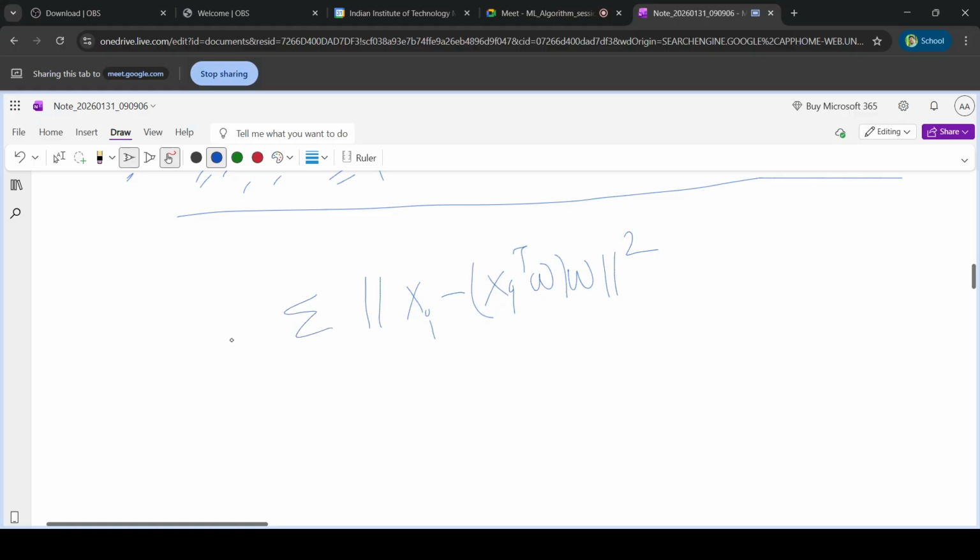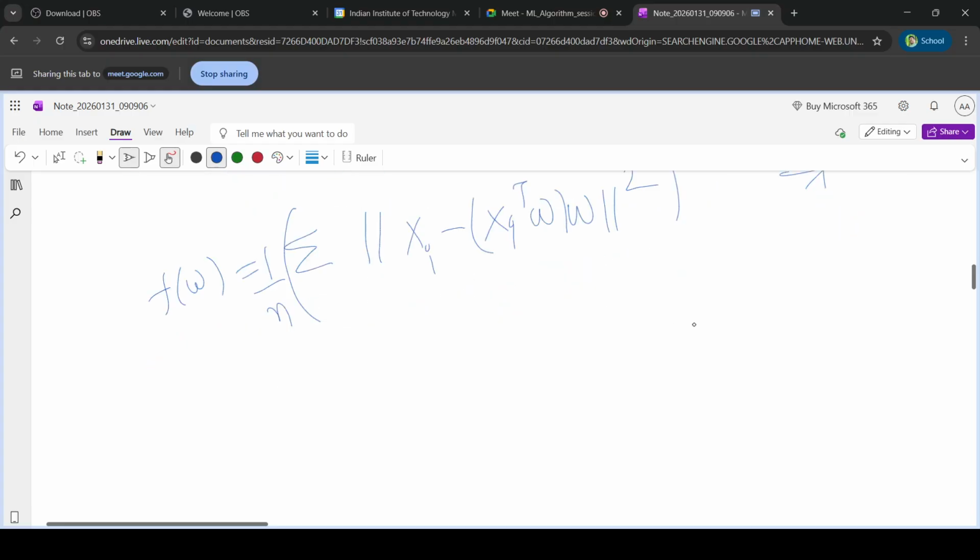This is nothing but some function f of w. As I mentioned, you are just getting the trend, so if you scale it, it's fine, and if you do the average, it's also fine. This is two steps next, but it will be helpful for you to see how these things come.